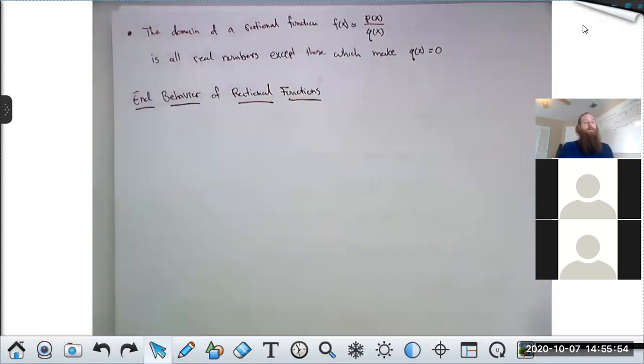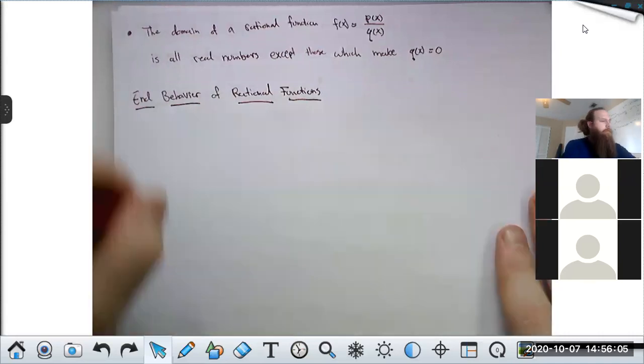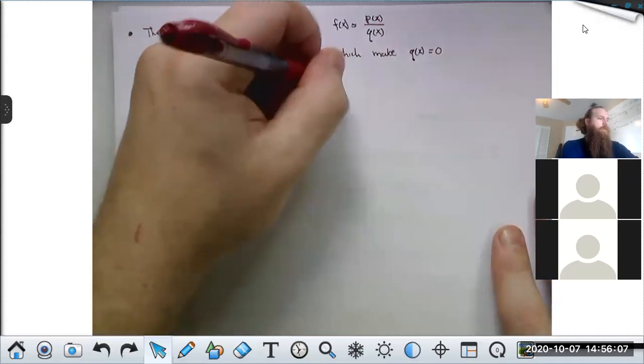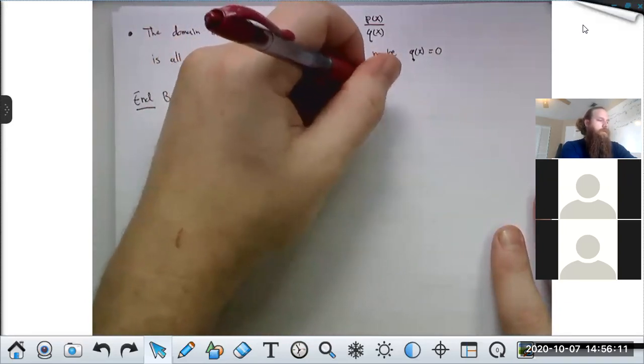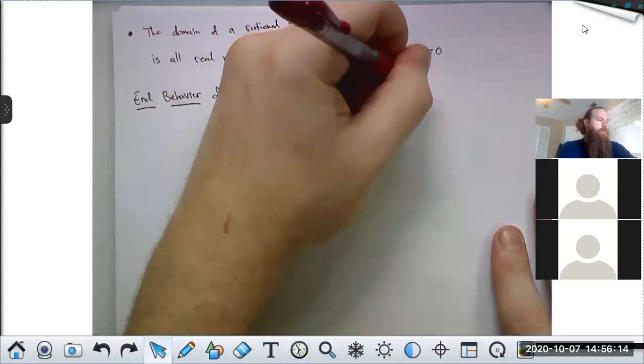For a rational function, the end behavior question is a lot more exciting. This is where we introduce the concept of a horizontal asymptote.